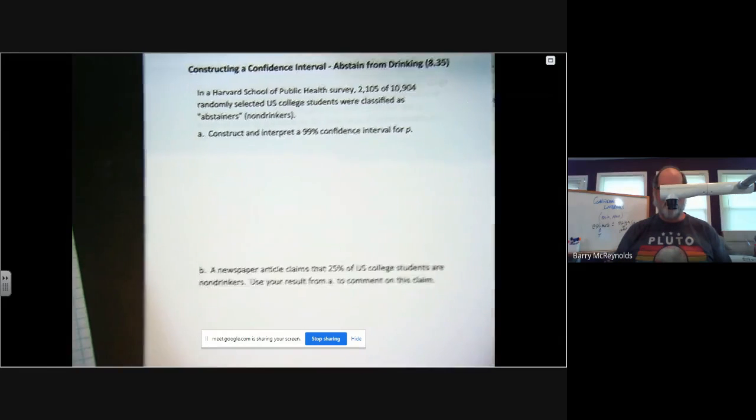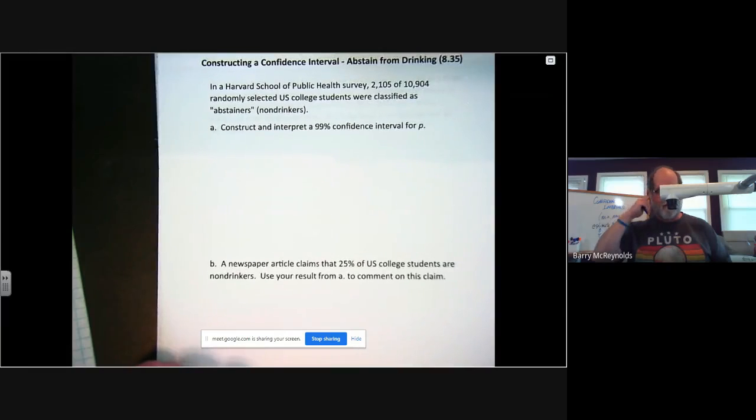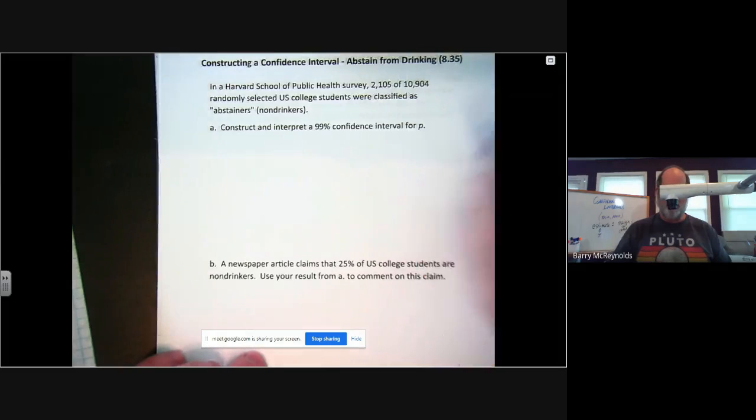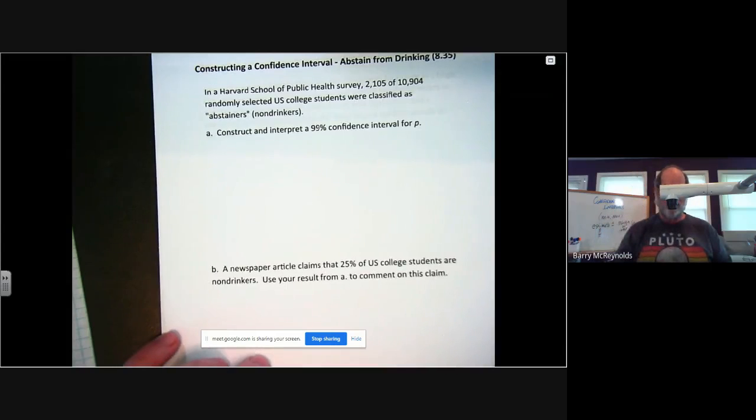Okay, and so from this data, we want to interpret a 95% confidence interval for p. So p is the true value of all U.S. college students. So that's a big population.